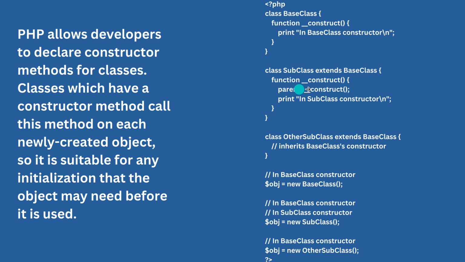If I want to call the parent class constructor, how can I call it? I have to write parent with the scope resolution operator and then the constructor. Also, there is another class where I can inherit this base class constructor.